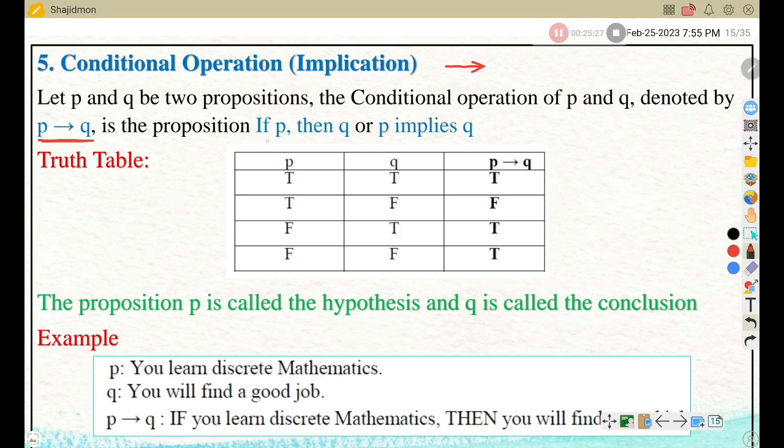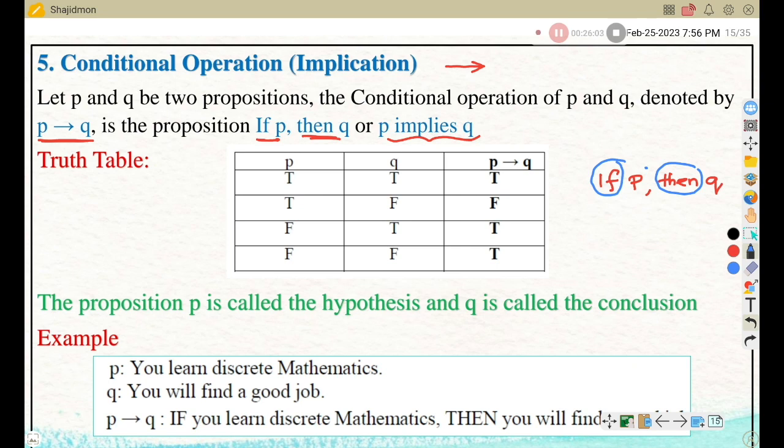How do we read it? If P then Q. That means if P is true then Q is also true. So keep these two words in mind, if and then. If it is coming, it is a conditional operation or implication.